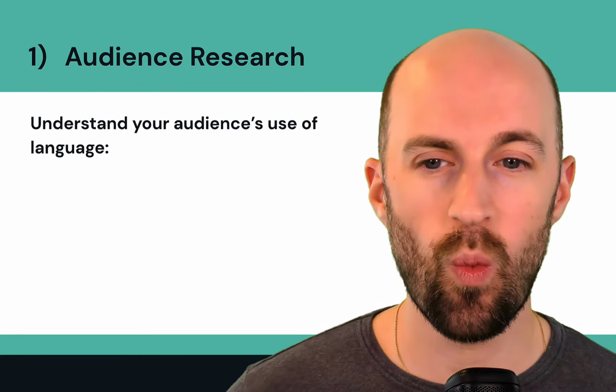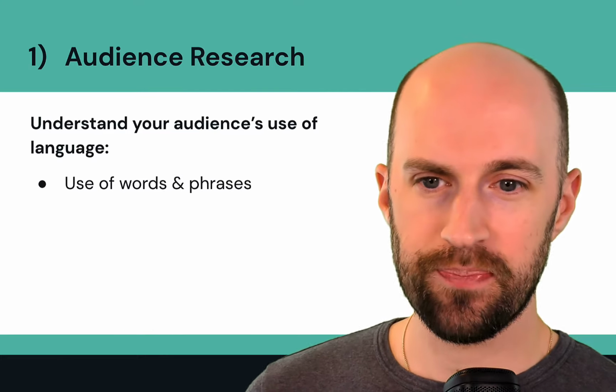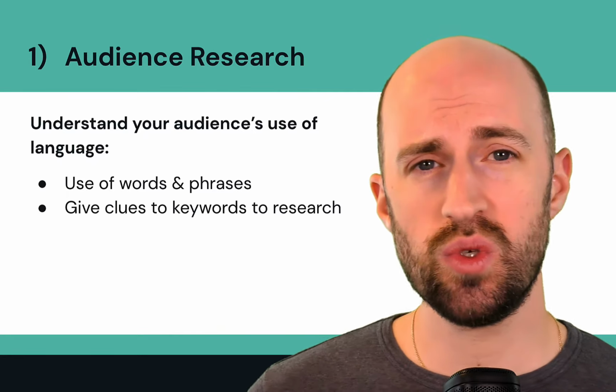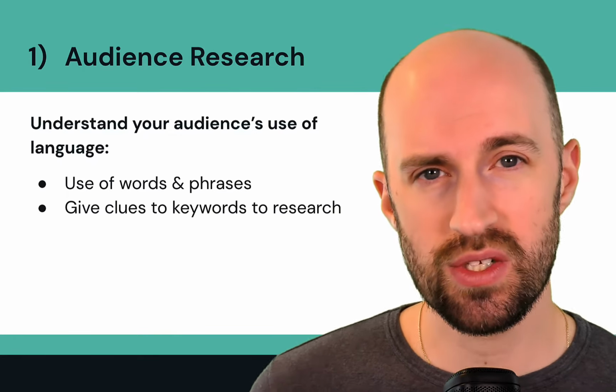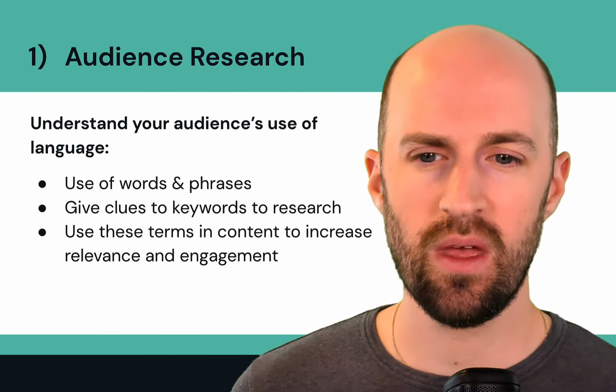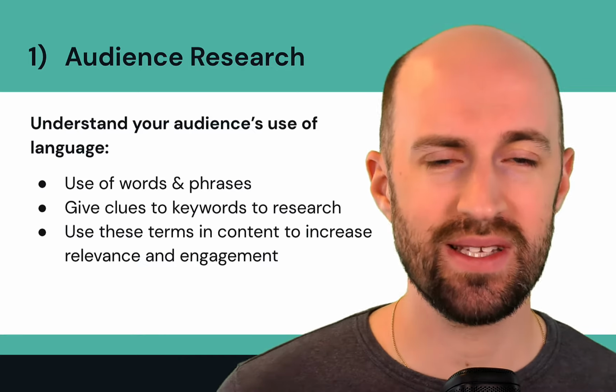So it's understanding what words they use, what phrases they use. That's the first step. So the use of words and phrases gives clues to the type of keywords to research in the next step of the SEO strategy process. So use these terms in the content to increase relevance and engagement.